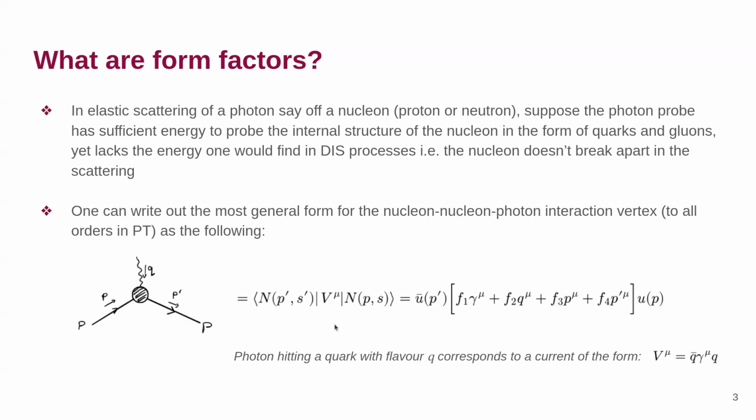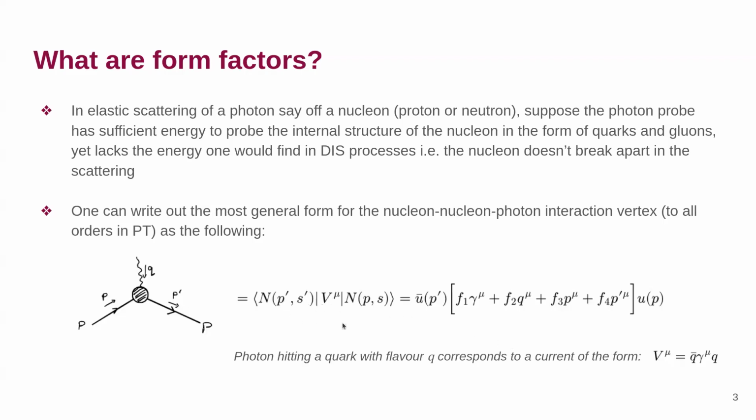We can write down that vertex in terms of this matrix element, where the photon is carrying this vector current V, which, if we imagine this photon impacting one of the quarks in the proton, we can write in this form here, q bar gamma mu q.